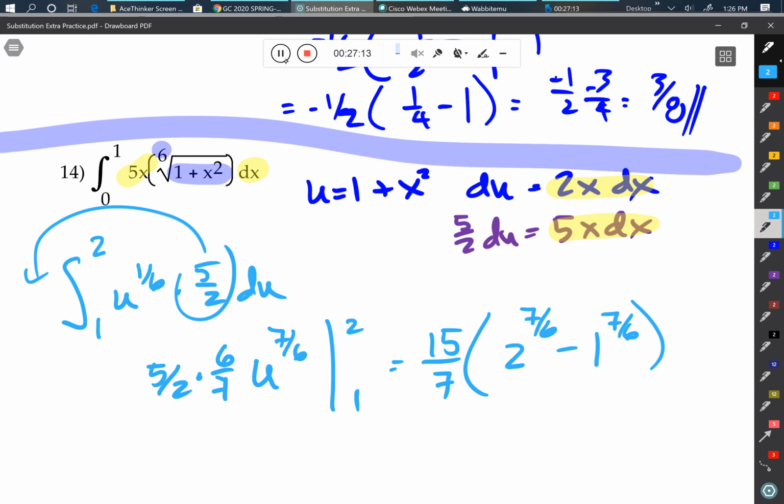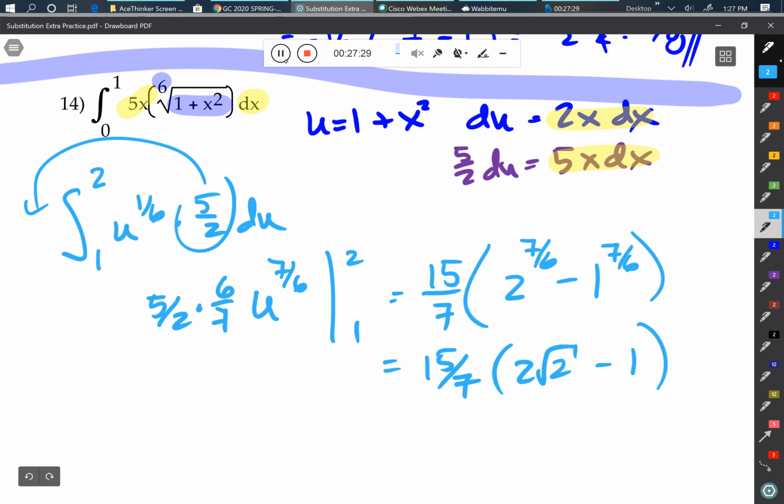Let's see, it's the 7th power and 6th root, so it's 2 times the 6th root of 2. So that's going to be 15 over 7 times 2 times the 6th root of 2 minus 1. That's better. Okay, and there's my final answer.